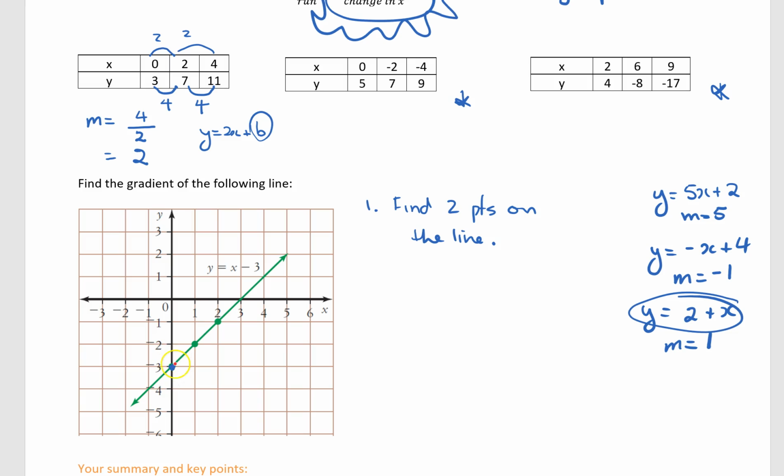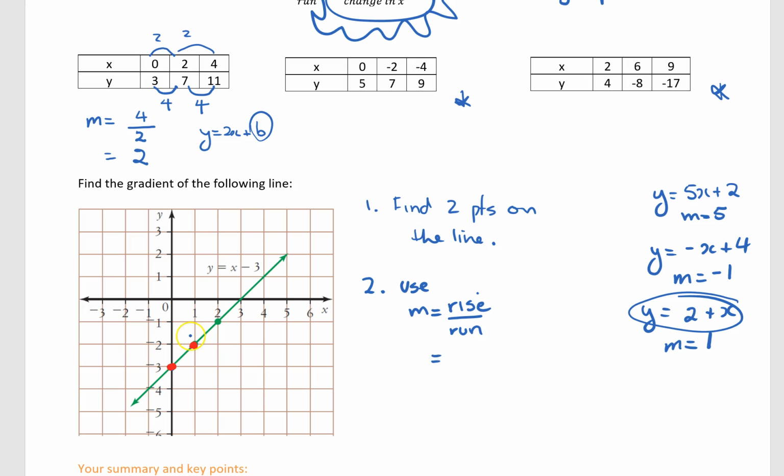I might do that in red. Here's a point and here's a point. And what we're going to do from there is use m, the gradient, is the rise between those 2 points over the run.